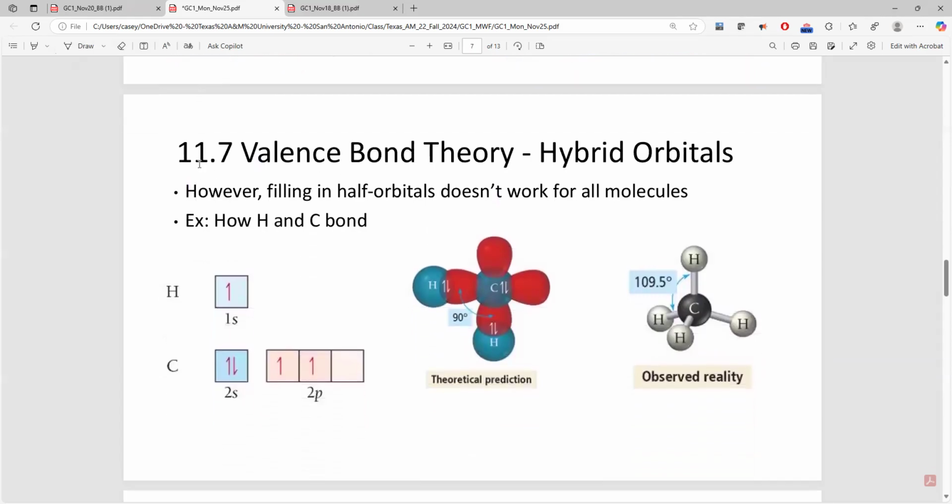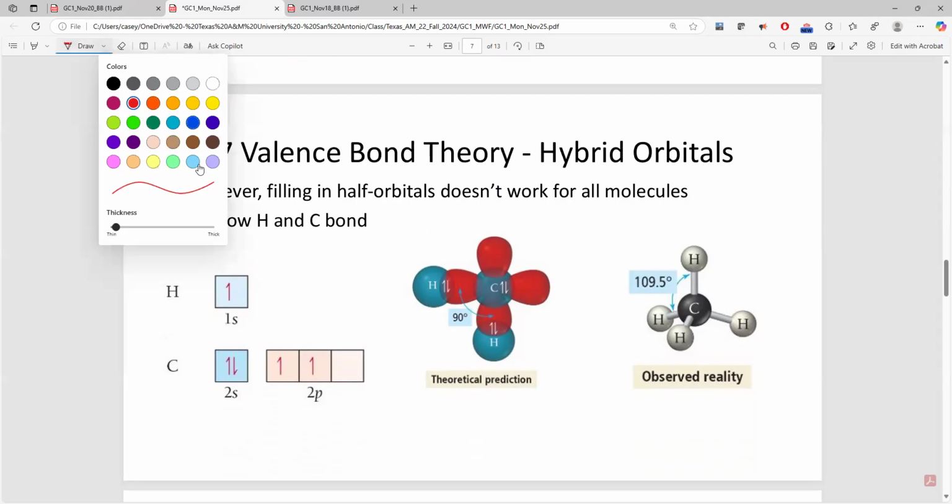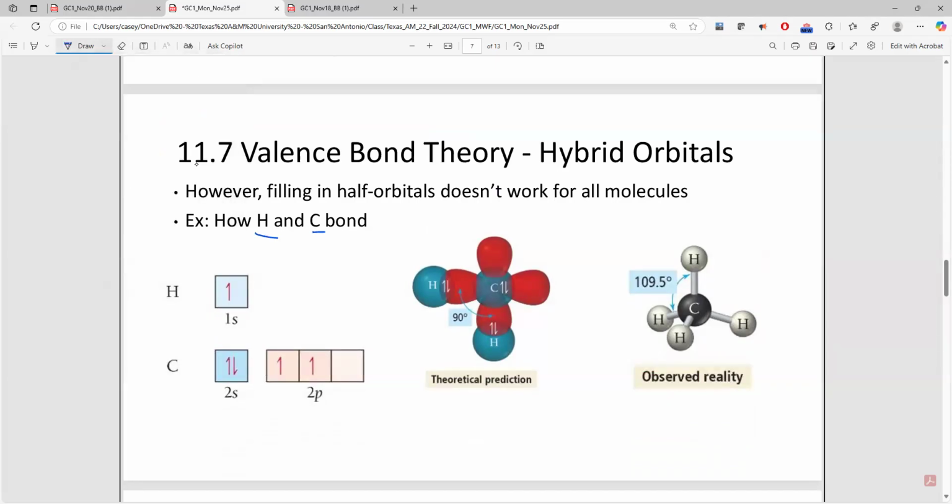However, that does not explain most bonding. For example, let's say I said make a structure between carbon and hydrogen. And if we did that, what you might think is looking at carbon, carbon is 2s2, 2p2. It has 2 half-filled orbitals.